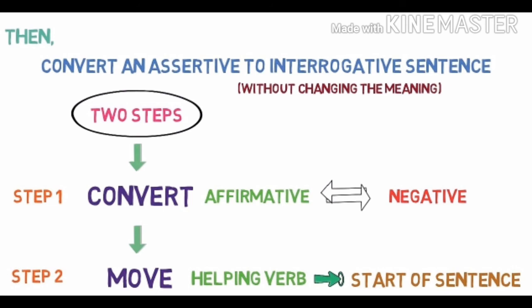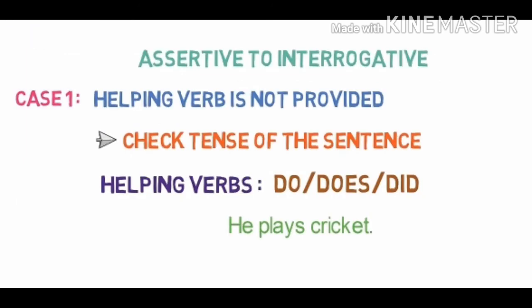It means to keep this helping verb at the very start of the sentence. Then we saw 3 different cases. In the first, if a helping verb is not provided, you have to check the tense of the sentence and use the helping verbs do, does or did. Do is used when it is plural, does is used when it is singular, and did is used if it is the past tense.